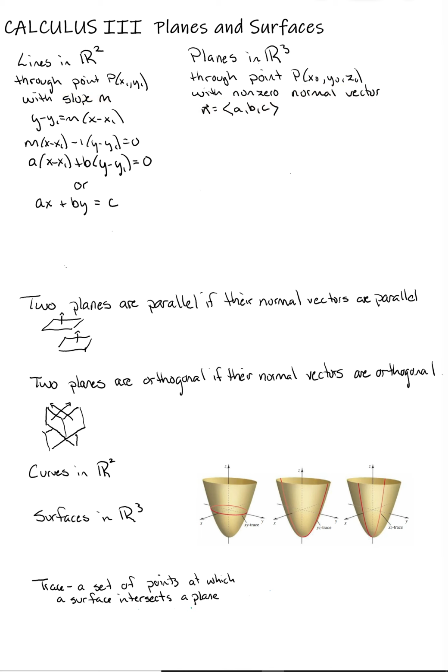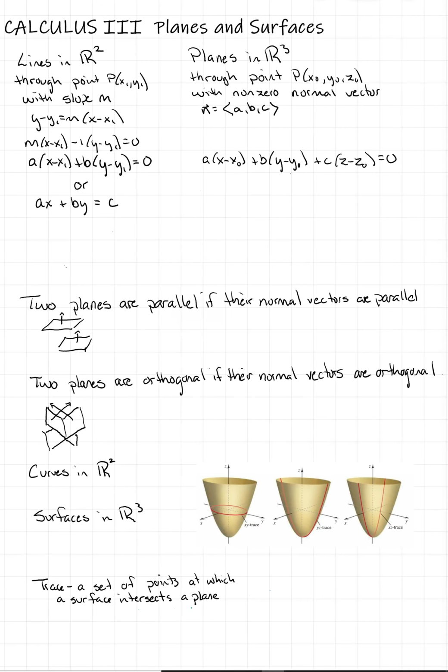The equation of the plane is a times x minus x naught plus b times y minus y naught plus c times z minus z naught is equal to 0. And of course, you can see where all these values come from. x naught, y naught, z naught, a, b, and c are all values that were given, and then we just put that into the equation, and there you go.